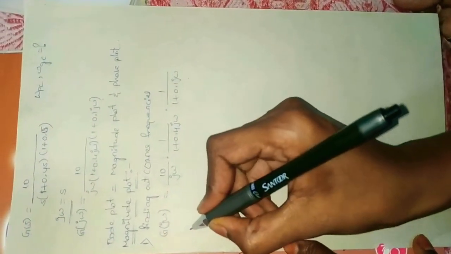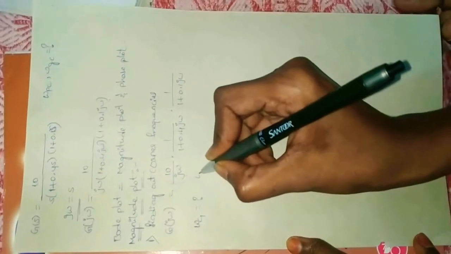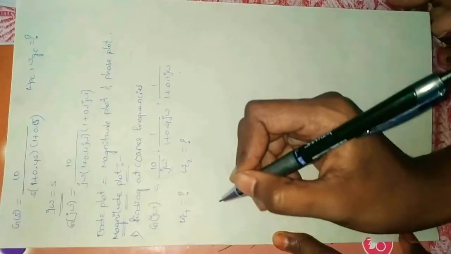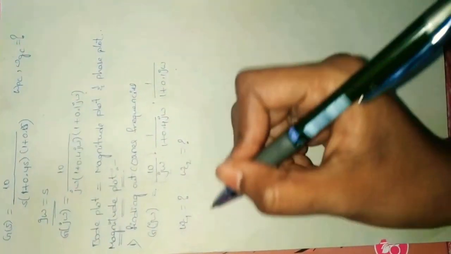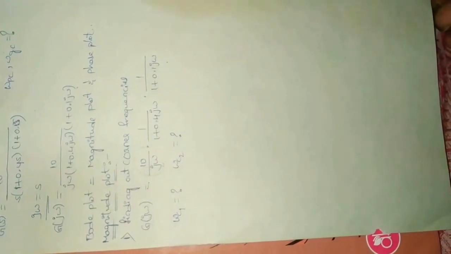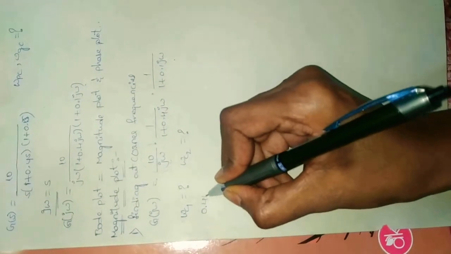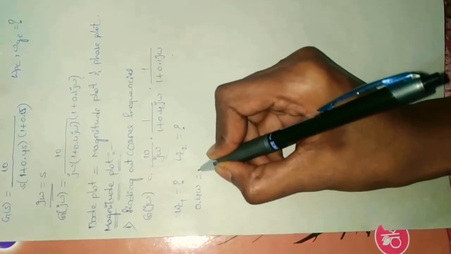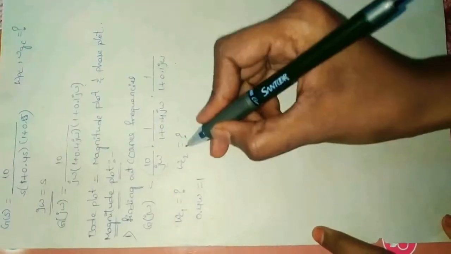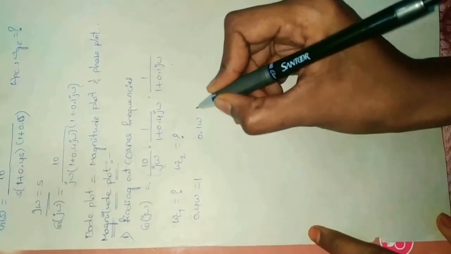I'll consider the corner frequencies as omega c1 and omega c2. We'll find out these two. In order to find omega c1, equate 0.4 omega to 1, and in order to find omega c2, equate 0.1 omega to 1.